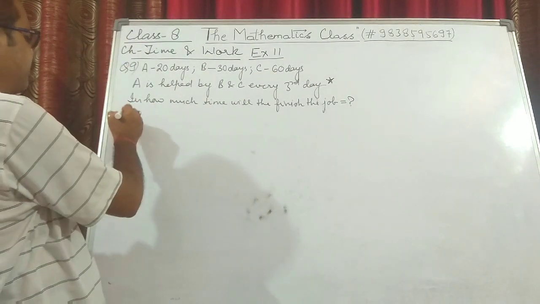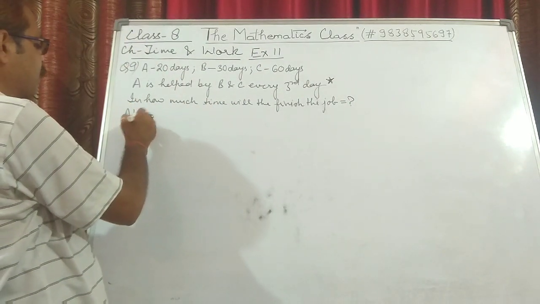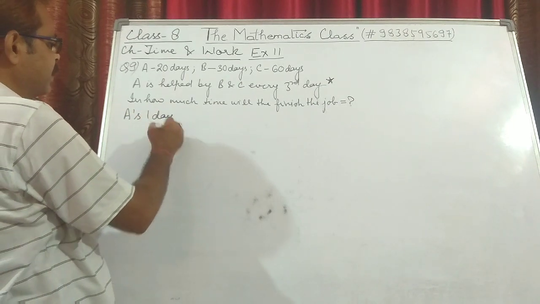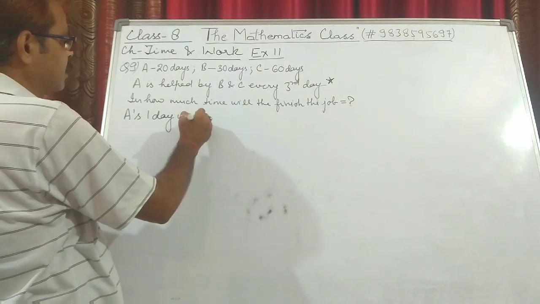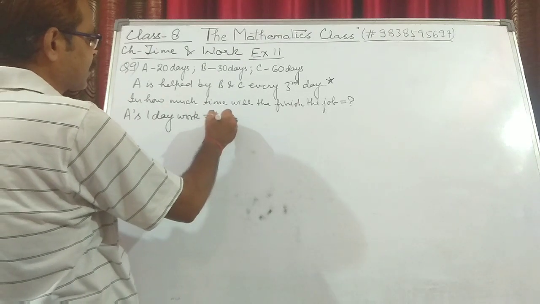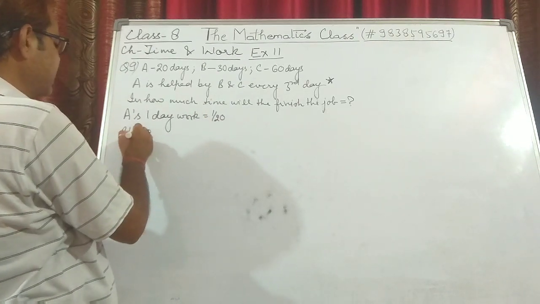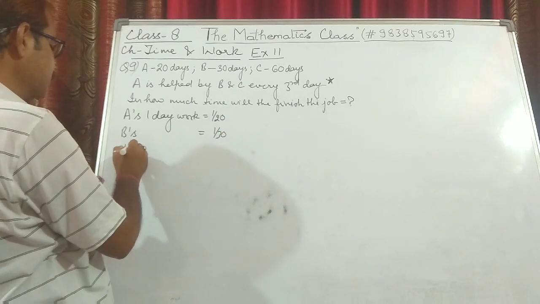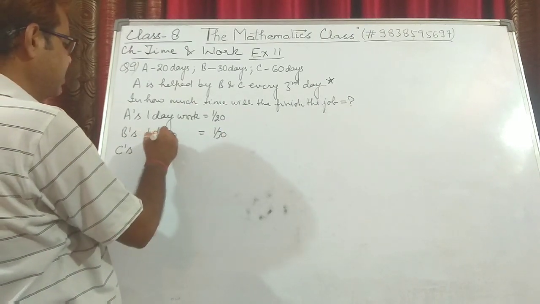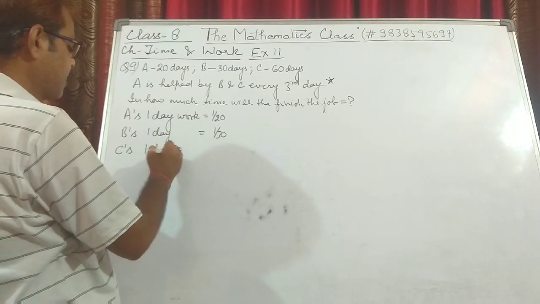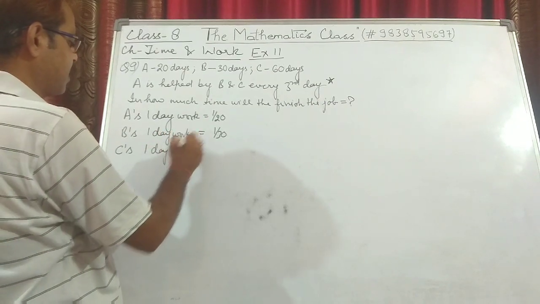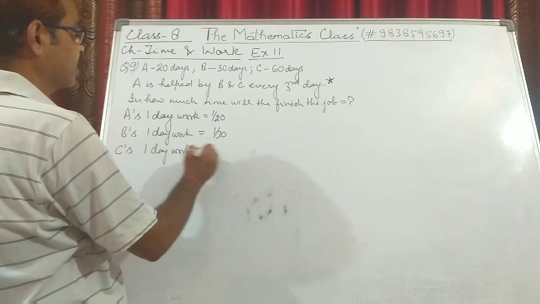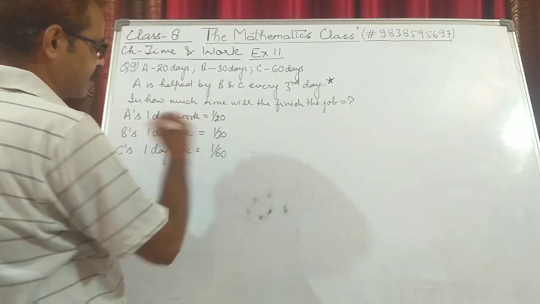From this first statement we can make out that A's 1 day work will be 1 upon 20. Similarly, B's 1 day work will be 1 upon 30 and C's 1 day work will be 1 upon 60.